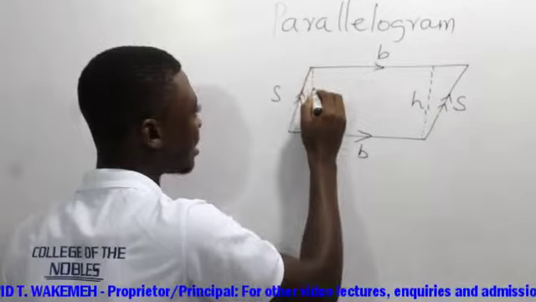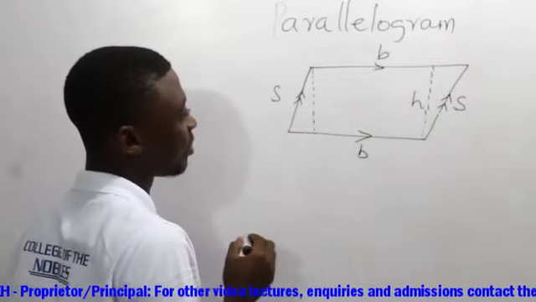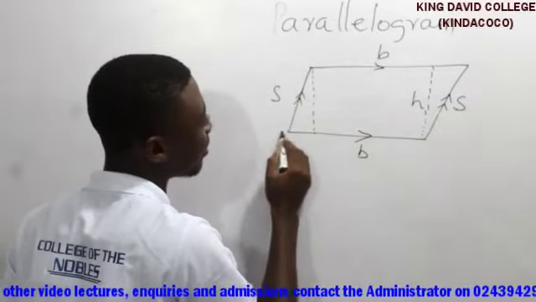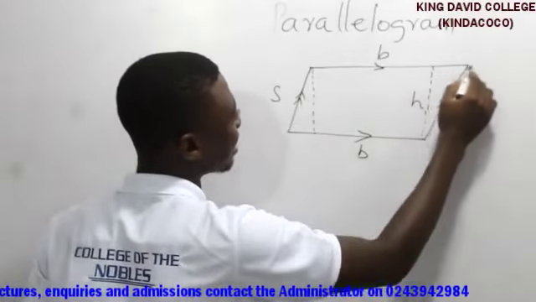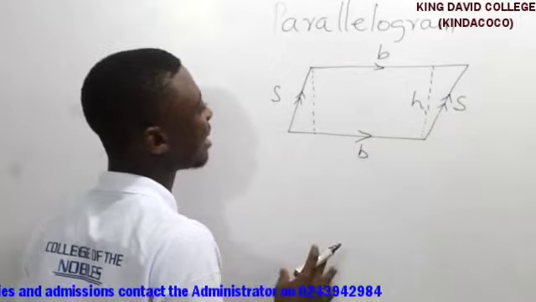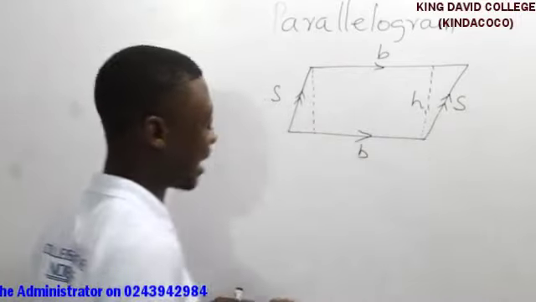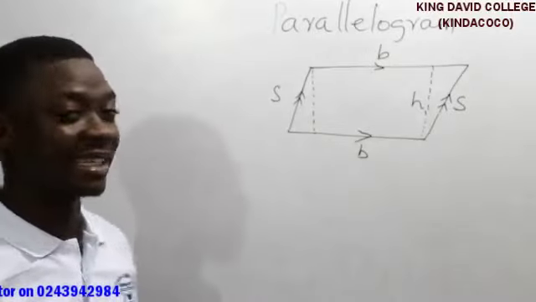I'll do another shape over here. You see that I have cut a bit of this away, and here too. What this means is that this is almost looking like a rectangle.